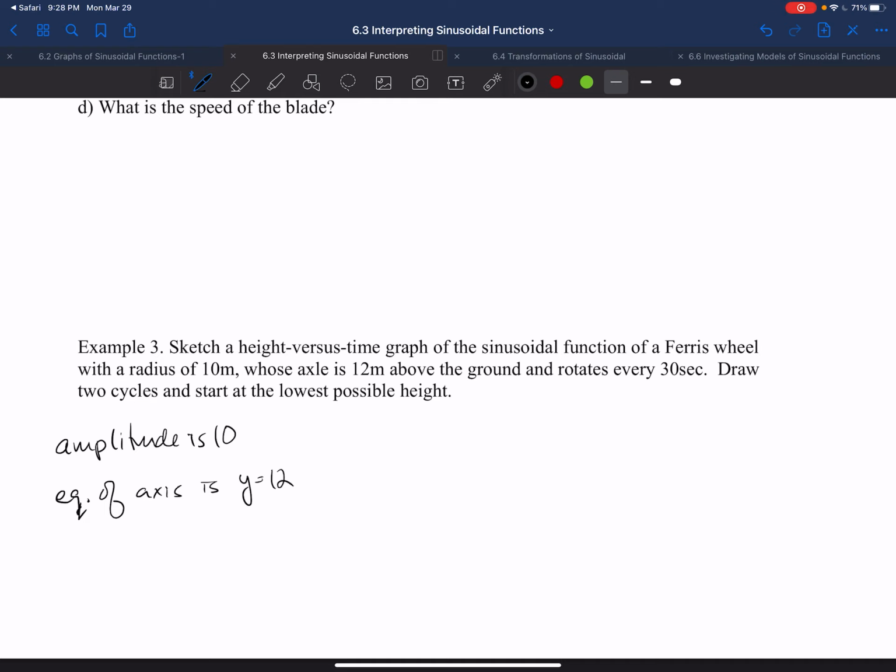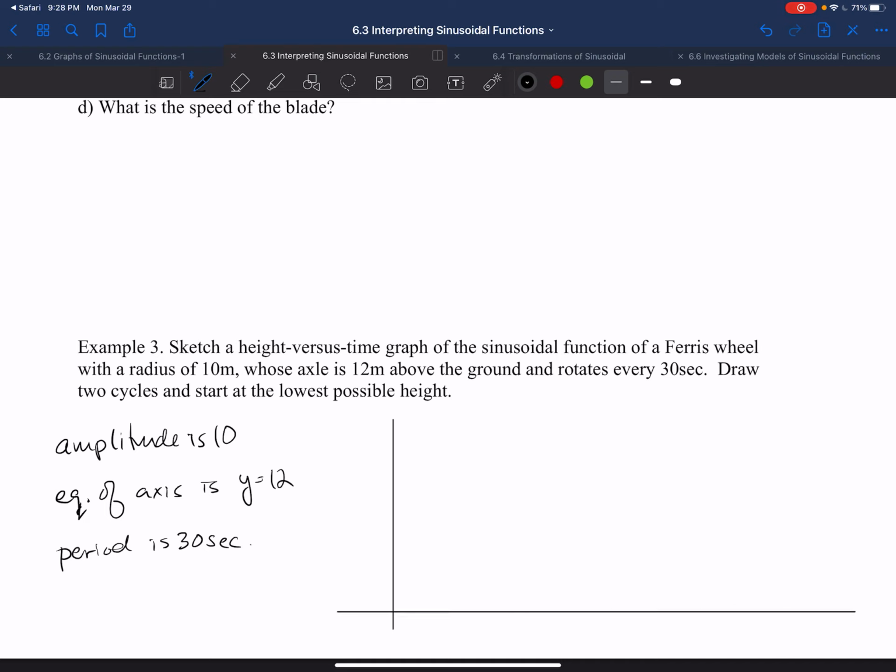And if it rotates every 30 seconds, it means our period is 30 seconds. So we're going to get a sketch of what this looks like.